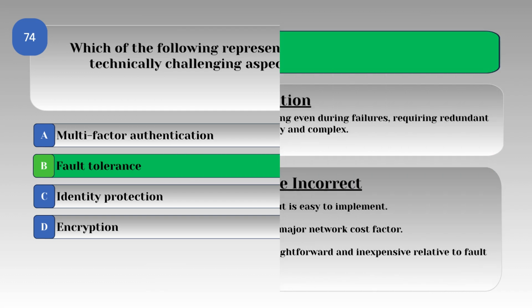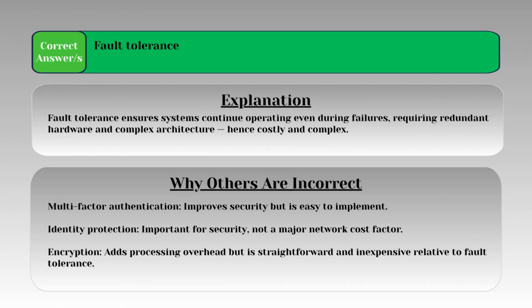Explanation: fault tolerance ensures systems continue operating even during failures, requiring redundant hardware and complex architecture, hence costly and complex. Why others are incorrect: multi-factor authentication improves security but is easy to implement. Identity protection, important for security, is not a major network cost factor. Encryption adds processing overhead but is straightforward and inexpensive relative to fault tolerance.